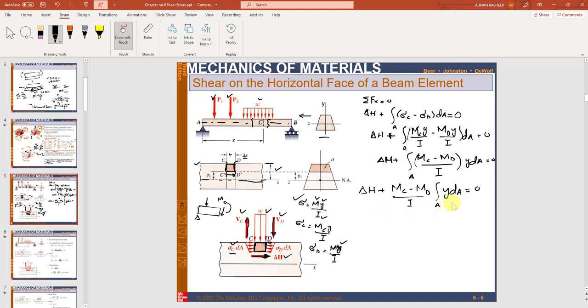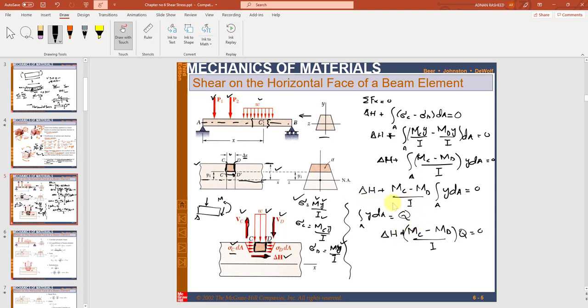Clear? Now we know that this integral of y into dA over the entire area is known as the first moment of area, and it is represented as Q. Clear? So we will put the value over here. So delta H plus (mC minus mD) divided by I into Q is equal to 0.